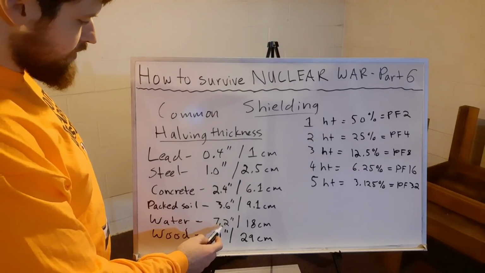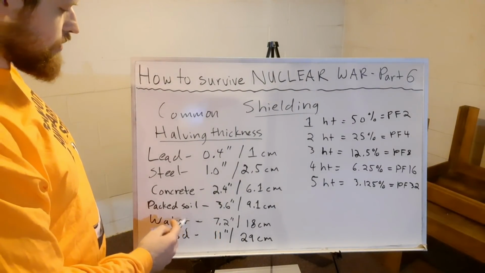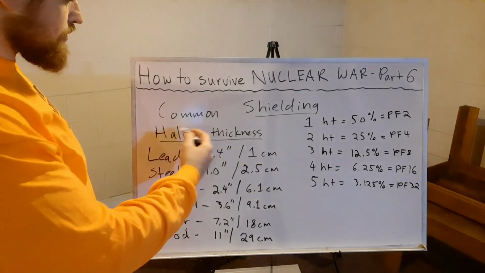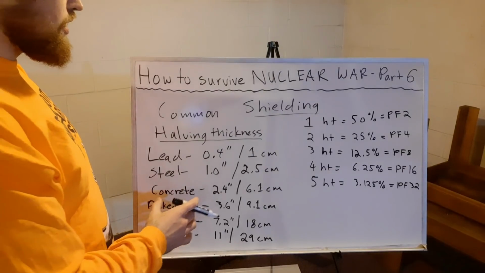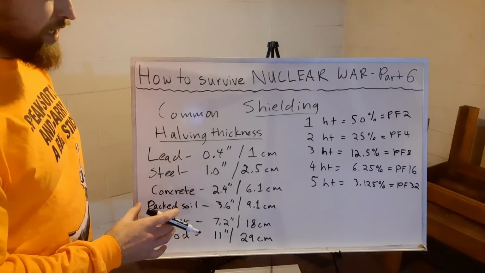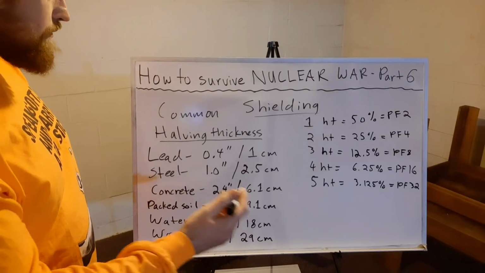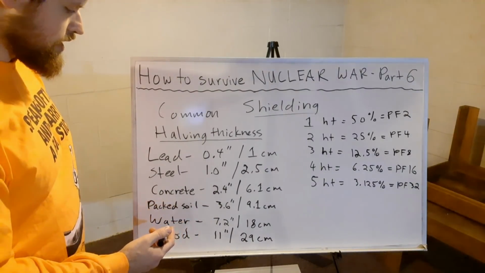So the halving thickness for neutron radiation is different because neutron and gamma radiation are two separate things. So this is mostly for gamma radiation, which is mostly what we're going to be dealing with when it comes to residual radiation after a nuclear attack, which is basically fallout. Fallout is going to be 99% gamma radiation.